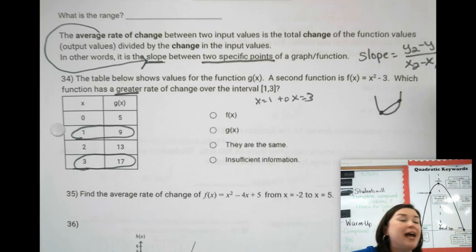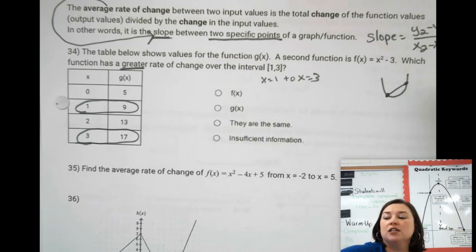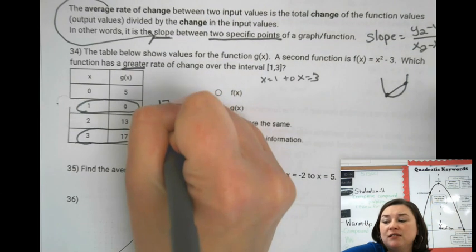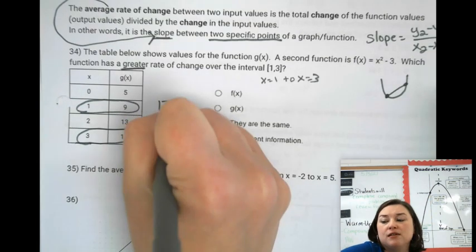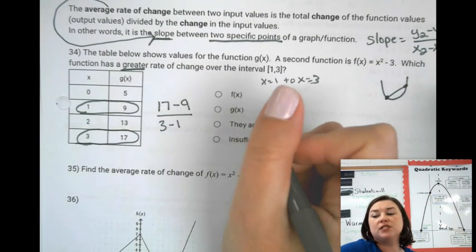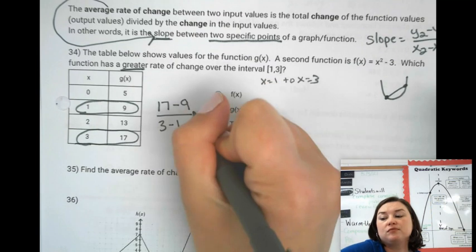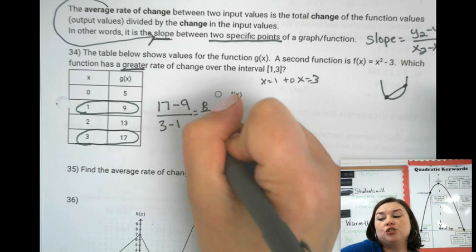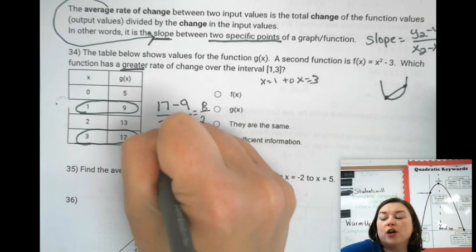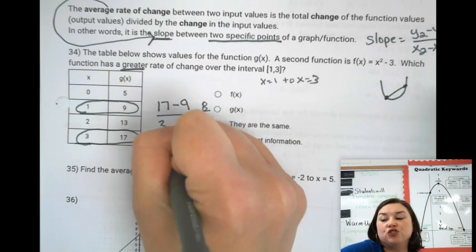So we subtract the y's. So I do 17 minus 9, because that's my y's, over 3 minus 1. So what's 17 minus 9? 8. And what's 3 minus 1? 2.